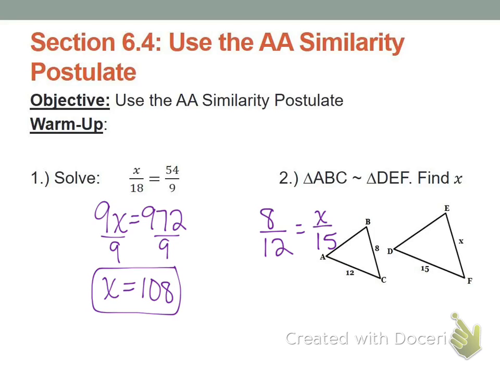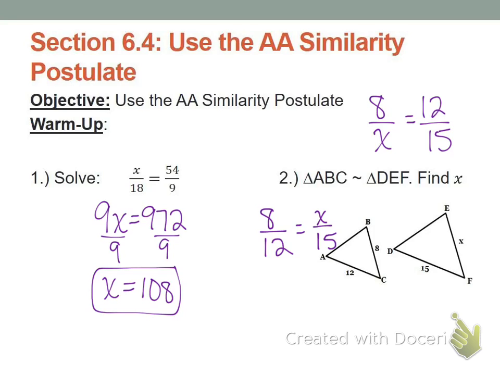So if I had been doing this, I would have set up 8 over x, matching up like one side from another triangle. But I think this one ends up being equivalent. So I would have set up 8 over x equals 12 over 15. But it would equal the same thing. So I'm fine with it either way.